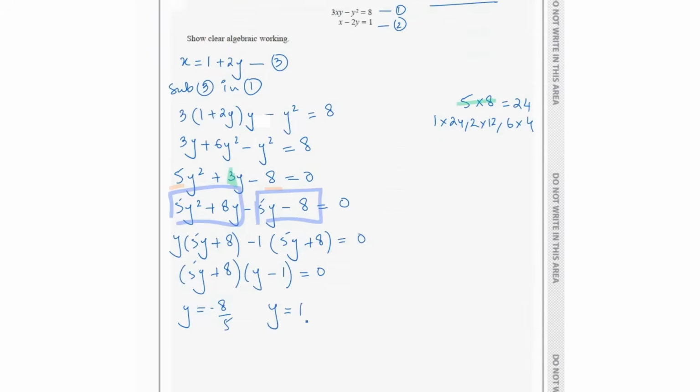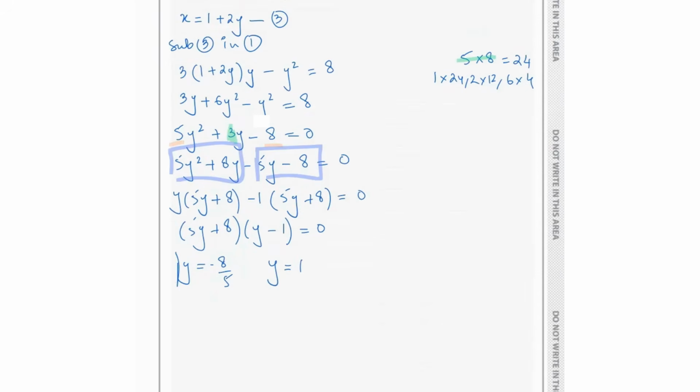Now we're going to substitute these into the third equation to find the corresponding x values as well. We don't just stop over here. At y equals 1, x is 1 plus 2 times 1, so that's 3.